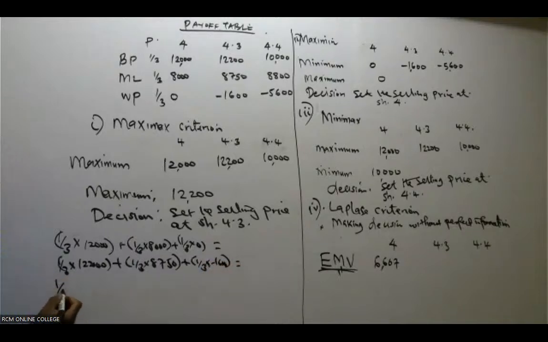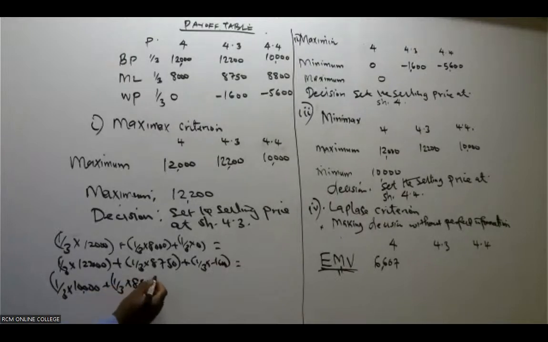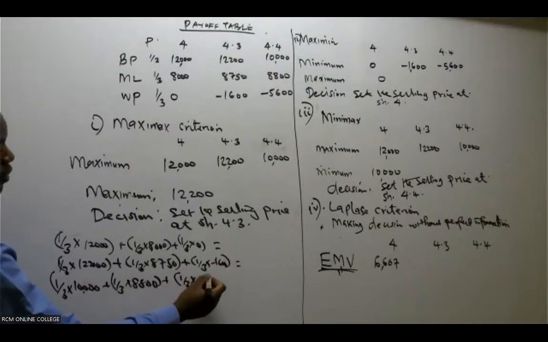Then you go to a third of 10,000 plus a third of 8,800 plus a third of negative.